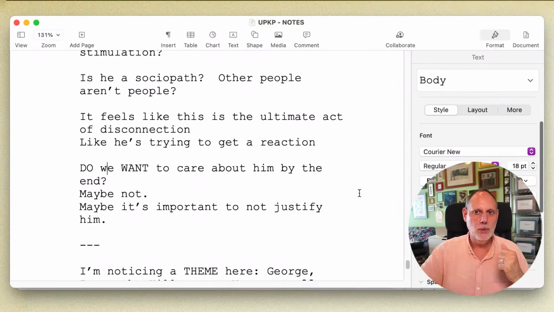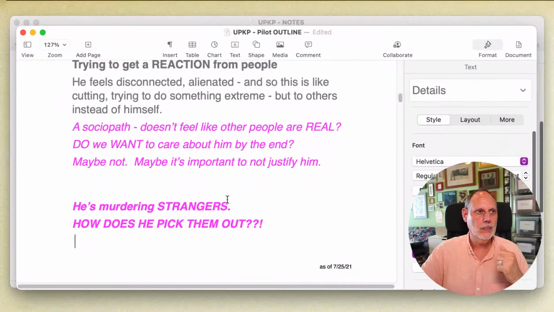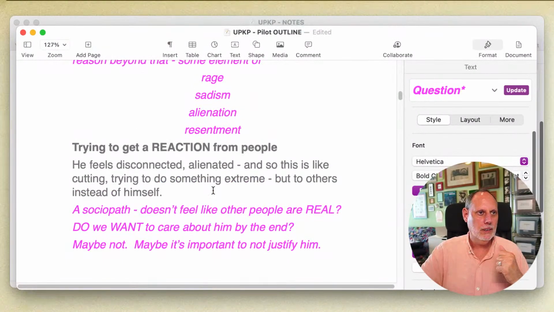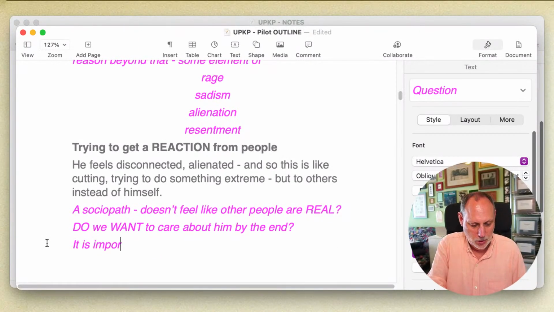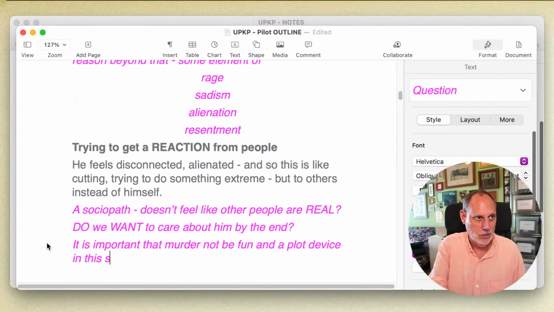So I'm going to put that into the outline. It is important that murder not be fun and a plot device in this story, in this show.